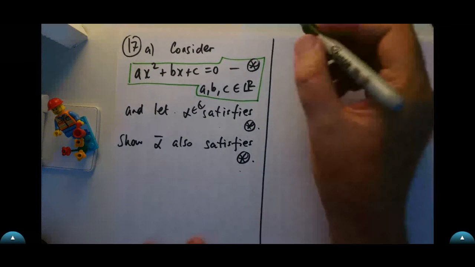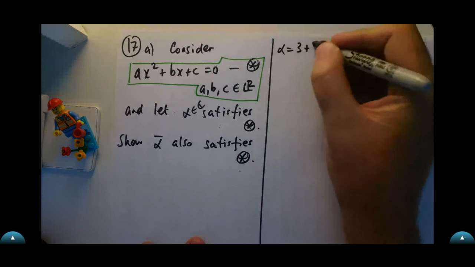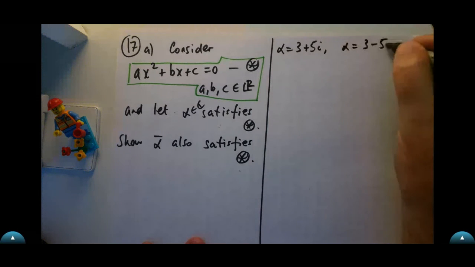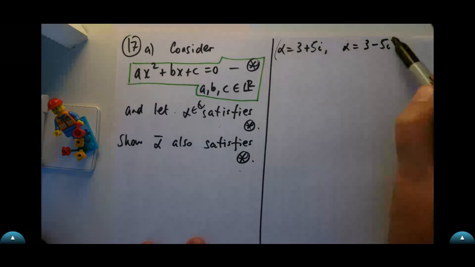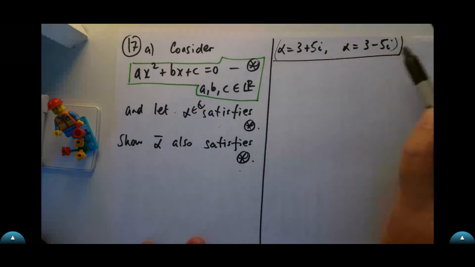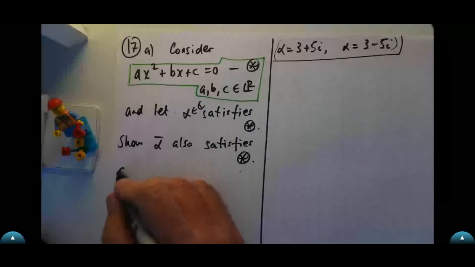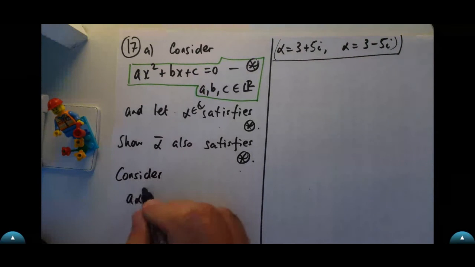So remember with the conjugates, if you have something like, I don't know, alpha equals 3 plus 5i, then the conjugate is just 3 minus 5i. So you just change the sign on the coefficient of the i here. All right. So how do we do it? Well, let's consider the following.